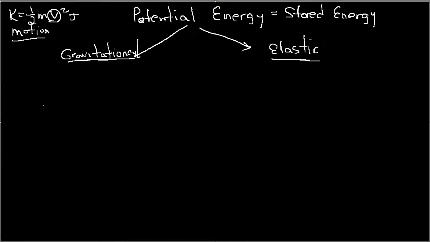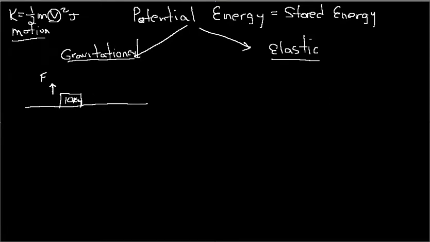So let's look at gravity first and see what we're talking about. Let's say this is the Earth, so this is the ground, and I have an object here. Let's say my object's 10 kilograms, and I'm going to take the object and I'm going to raise it. I'm going to apply a constant force on this object, and I'm going to lift this object up 10 meters high.